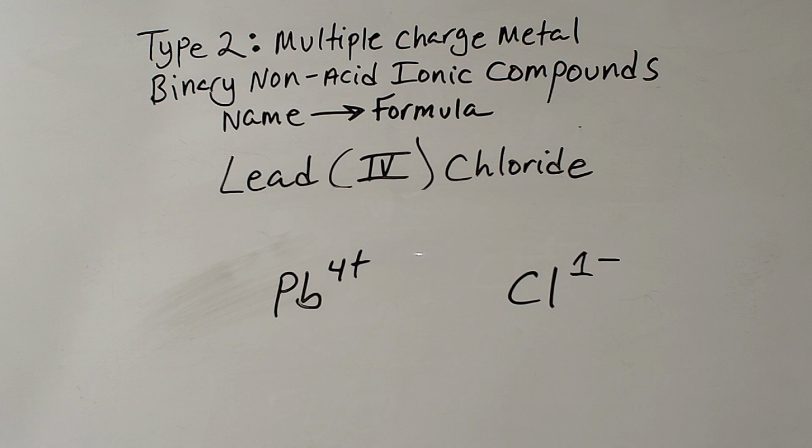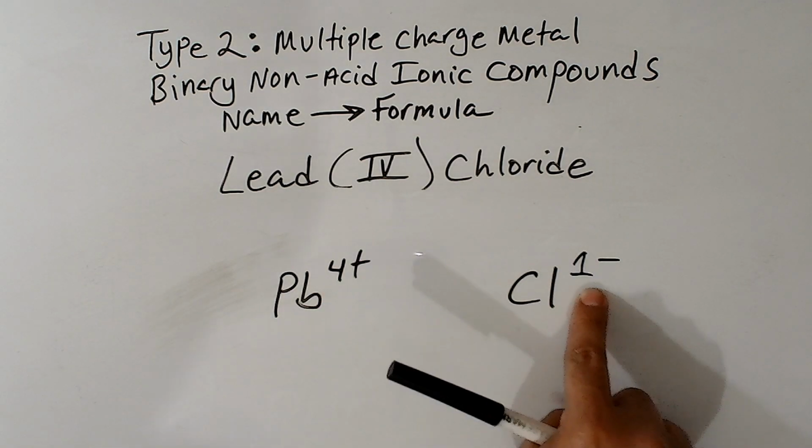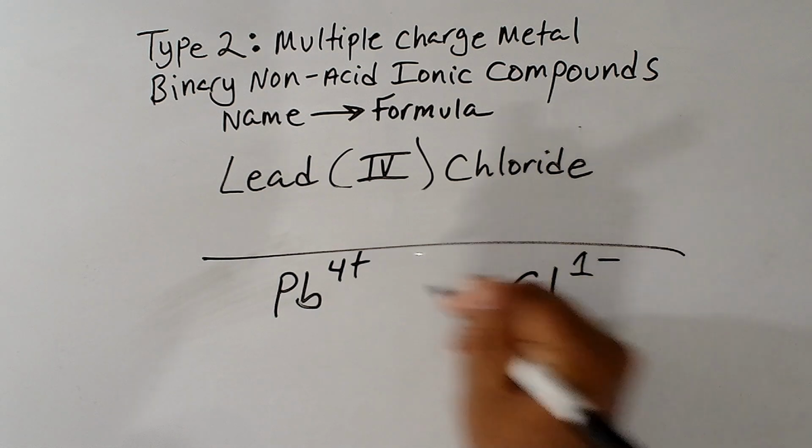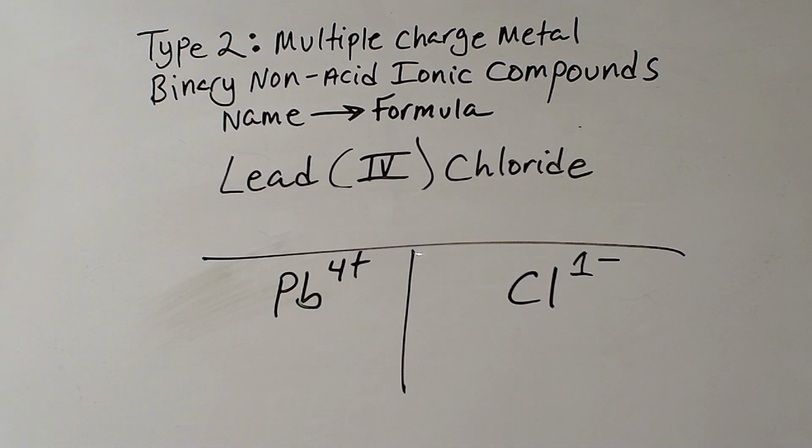The second step reads, if both charges have the same number, write the elements together to make the formula. Different numbers. I need to move on to the next step. If the charge numbers are different, create a T-chart. Then cross multiply by transferring only the numbers.